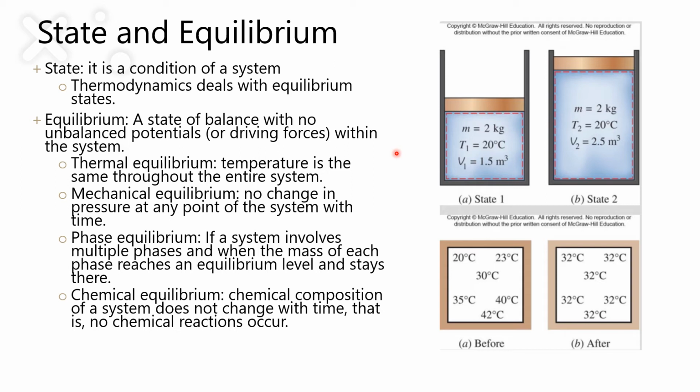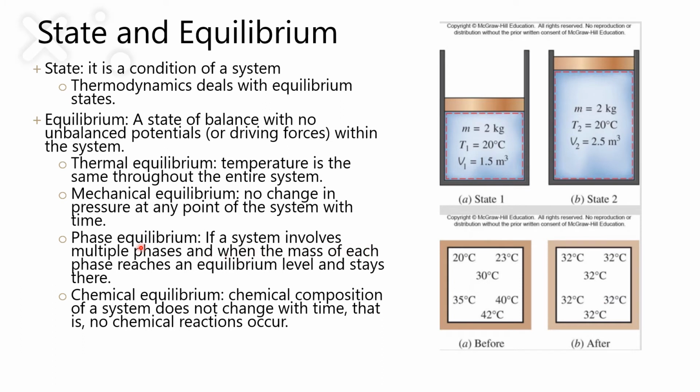For example, a system is in thermal equilibrium if the temperature is the same throughout the entire system, as shown in this figure. Initially, the temperature is not balanced, but eventually it will reach thermal equilibrium, or it has the same temperature for the entire system.